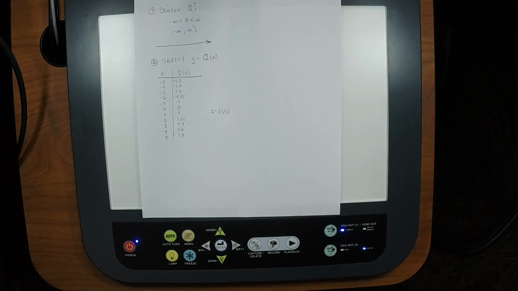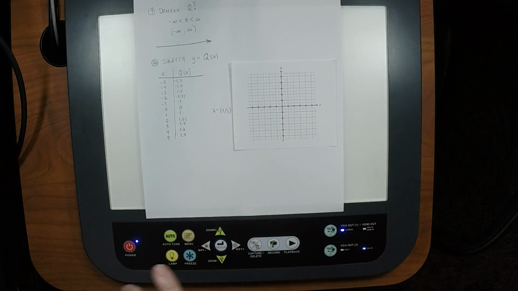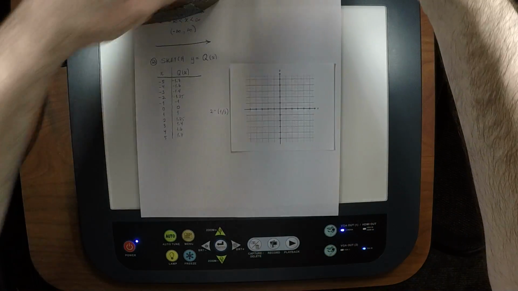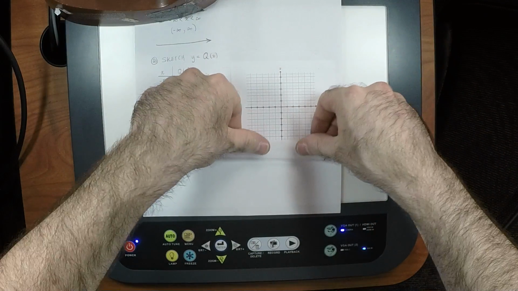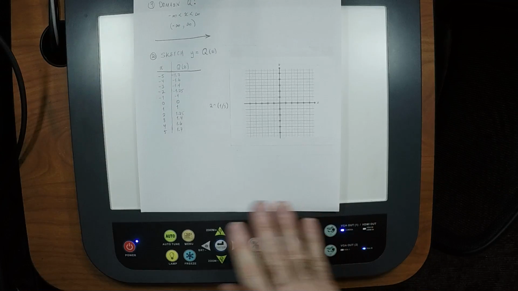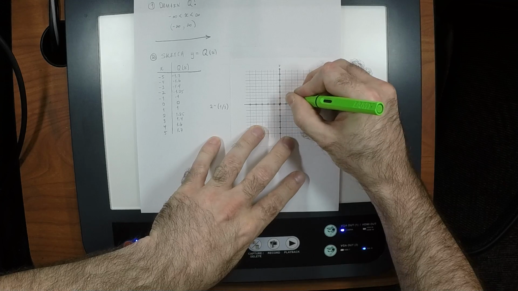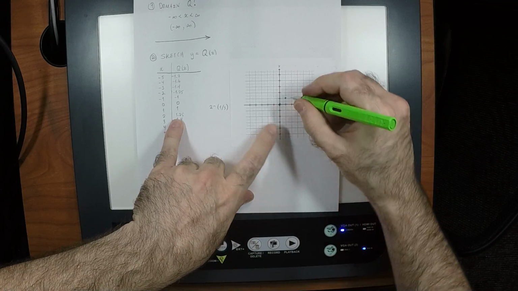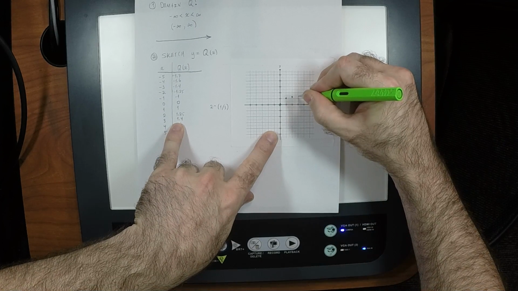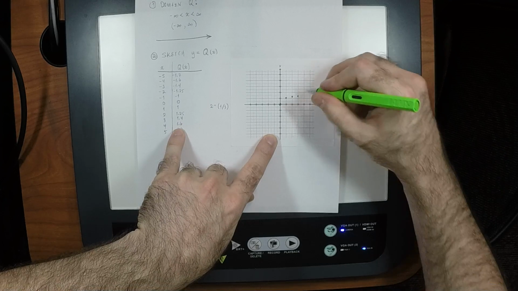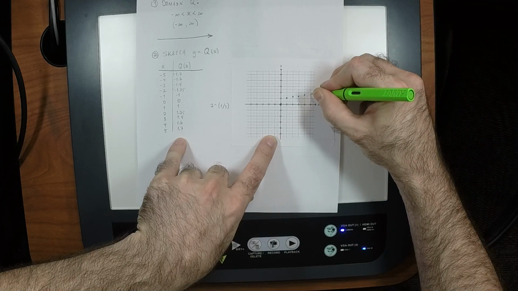Okay, so then plotting that. So 0, 0; 1, 1; 2, 1.25; 3, 1.4; 4, 1.6; 5, 1.7.